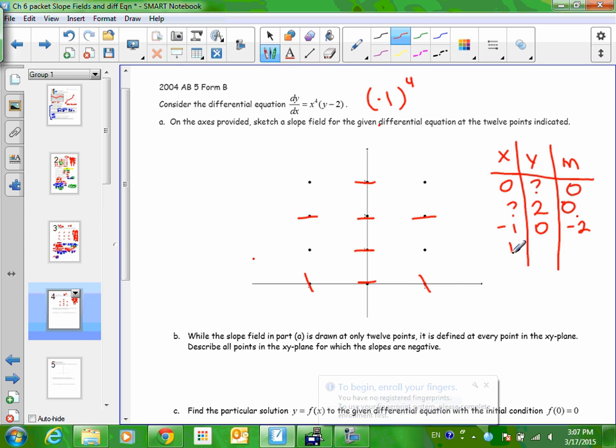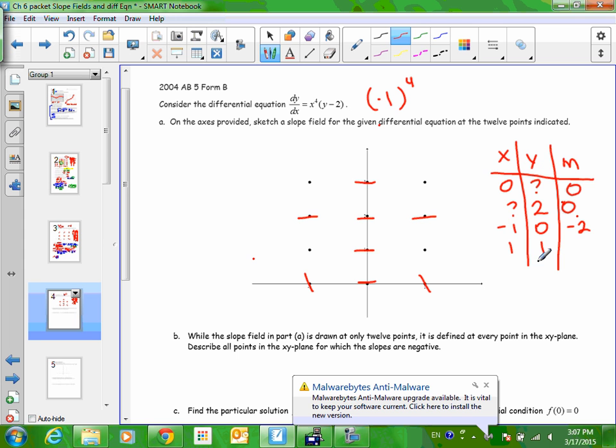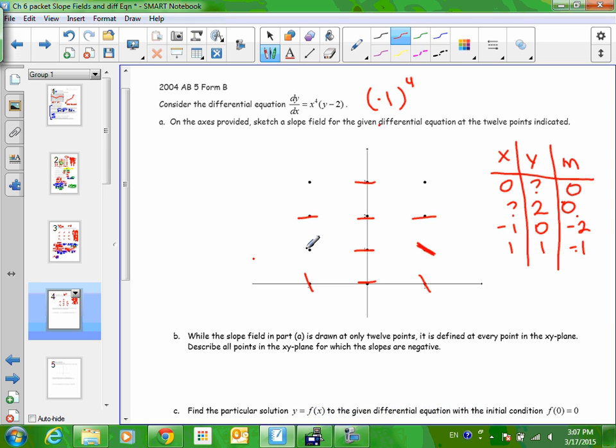So let's try 1, 1. 1, 1 is going to be 1 to the 4th times 1 minus 2. That's minus 1, which is just decreasing but standard steepness. And that same thing is going to happen over there on the left.